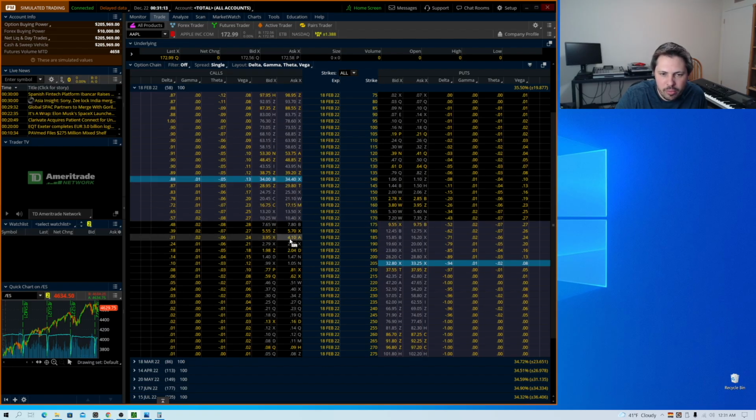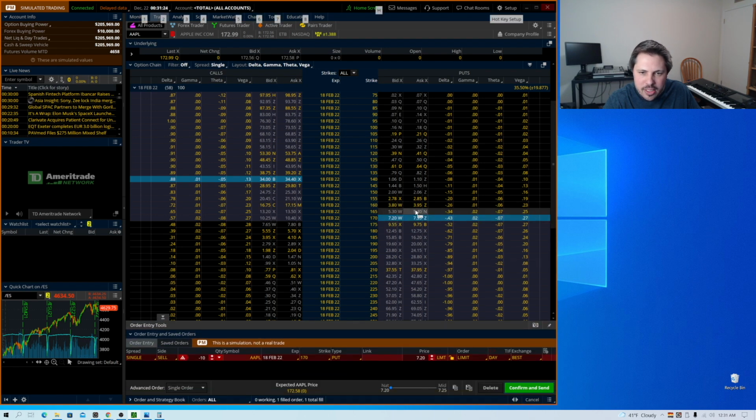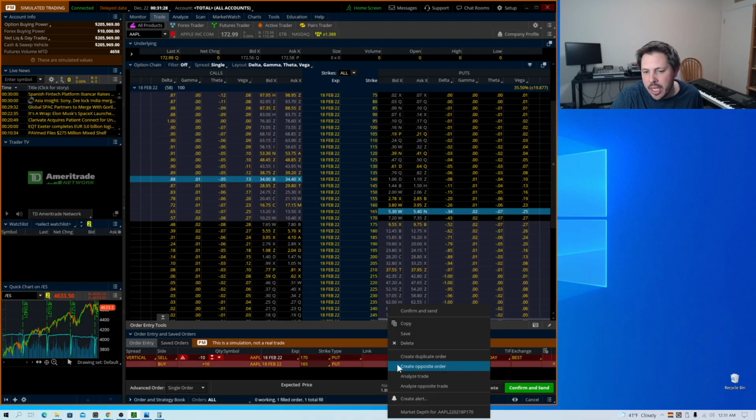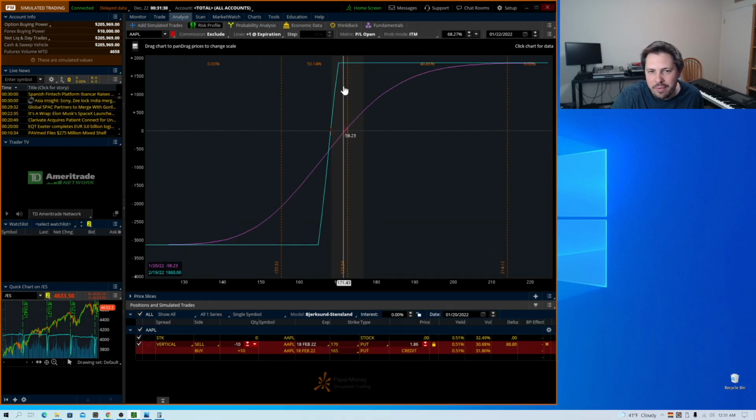Well, remember, if we thought Apple was going to go up, we could sell that put credit spread, where we would sell the 170, buy the 165, and now we have that put credit spread where we make money if Apple goes up.